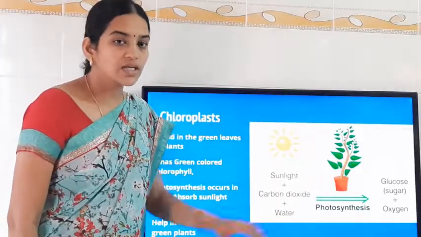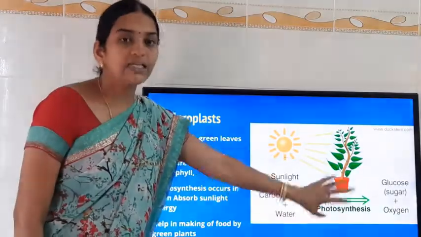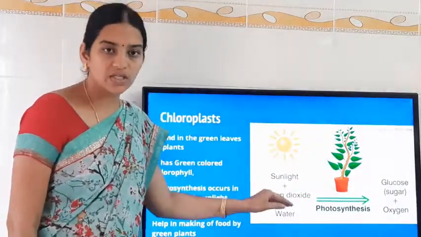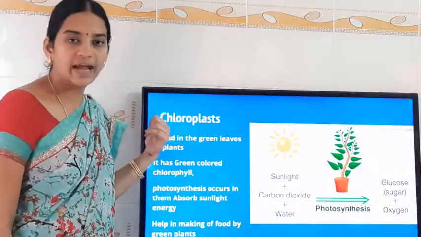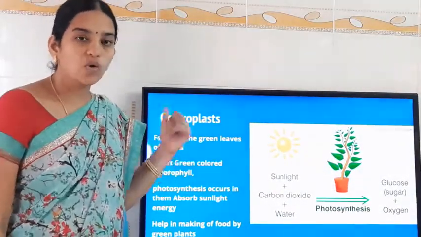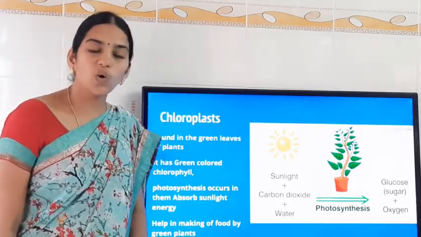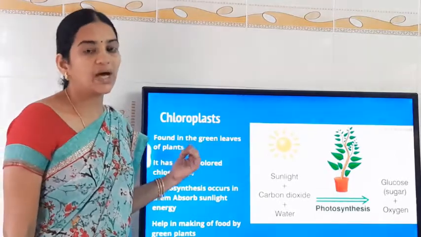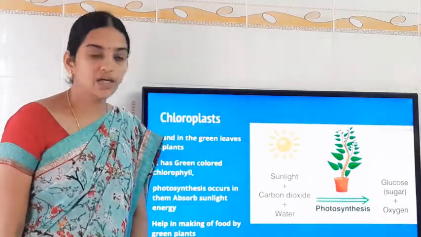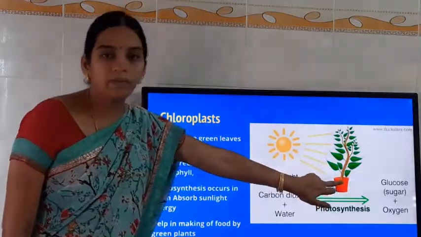And this process is called photosynthesis. This entire process of photosynthesis occurs in the chloroplast region of the plant cell. And this chloroplast is found only in the green leaf part of a plant, and not in the root part of a plant.